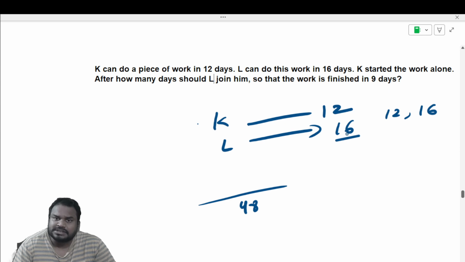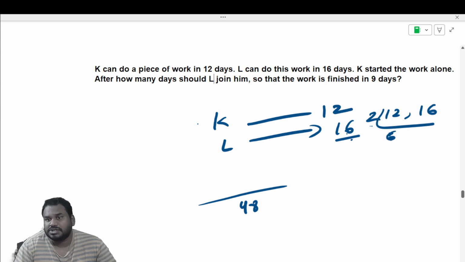In 12 and 16, the largest number is 16. 16 into 2 is 32. Check whether that 32 is divisible by 12 or not. It won't be. So 16 into 3 is 48, and 48 is divisible by 12. 12 4s are 48. So we can take 48 as their LCM.